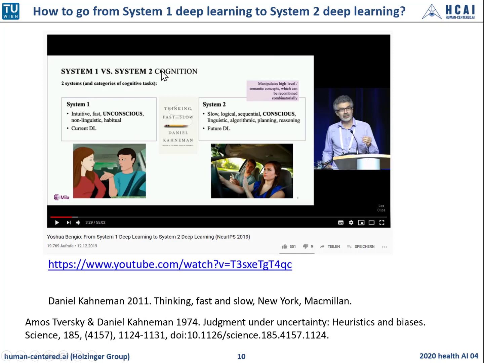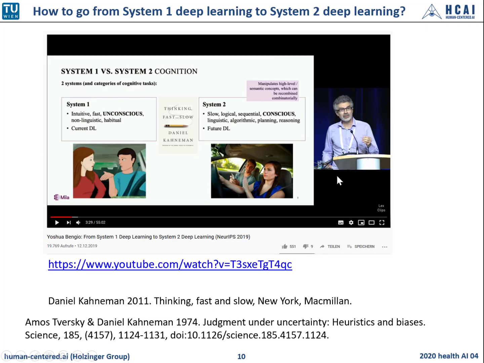That is a central thesis about the dichotomy between these two models of thought, and this goes back originally to Amos Tversky and Daniel Kahneman in 1974. Amos Tversky died in 1996, but Daniel Kahneman is still living. He was born in 1934, and he received the Nobel Prize in 2002 for this work. So you see, this is really very awesome work.